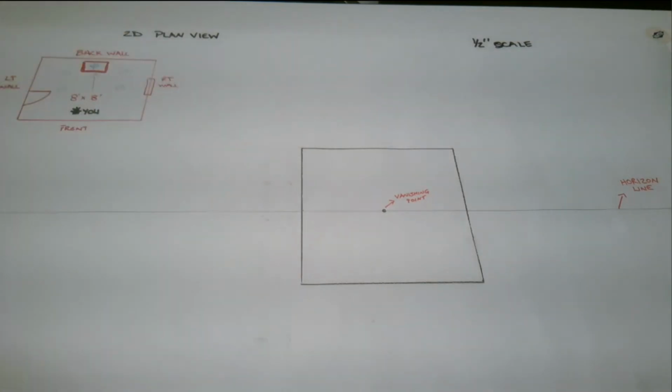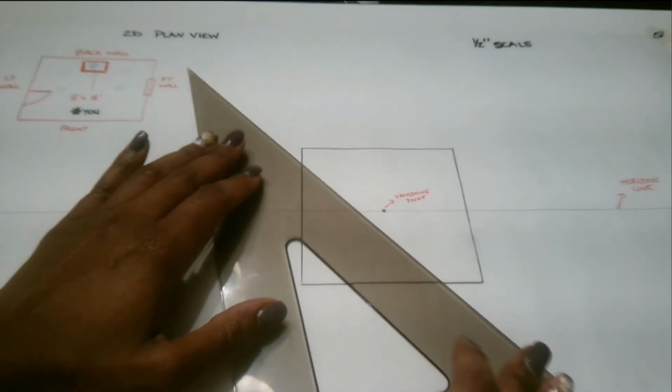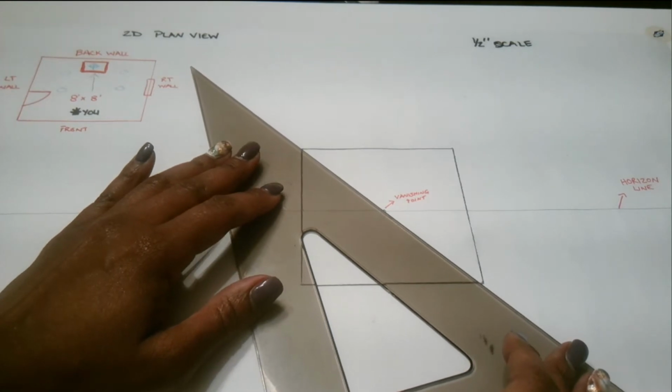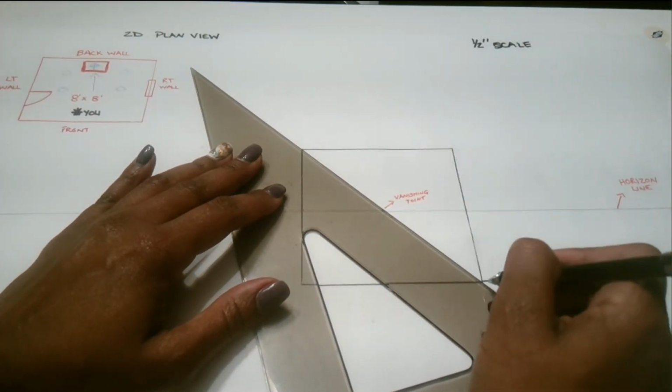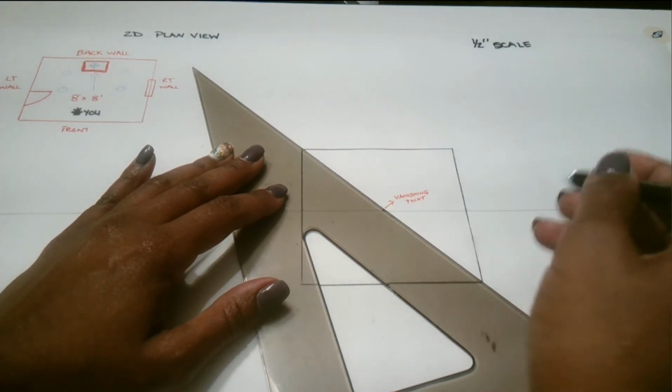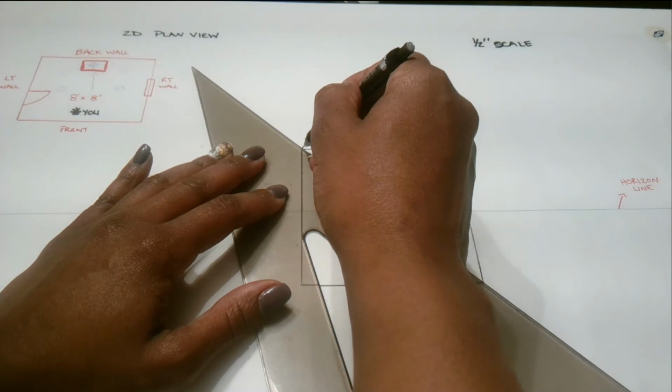From here, we need to create a floor and a ceiling for our space. To do that, you can take your triangle and just draw an X right through the vanishing point, through the edges of your square.